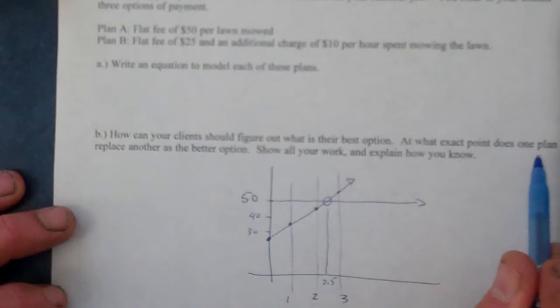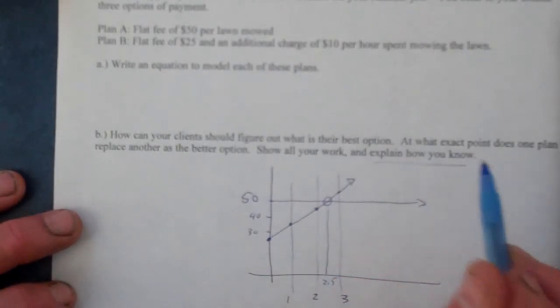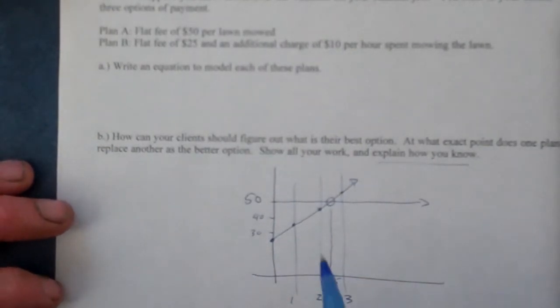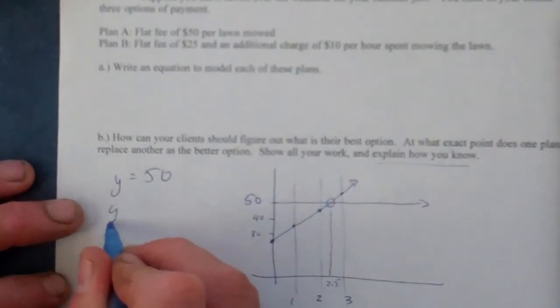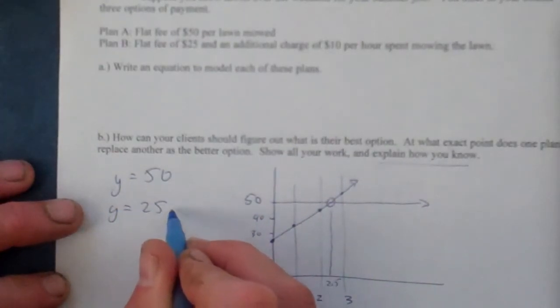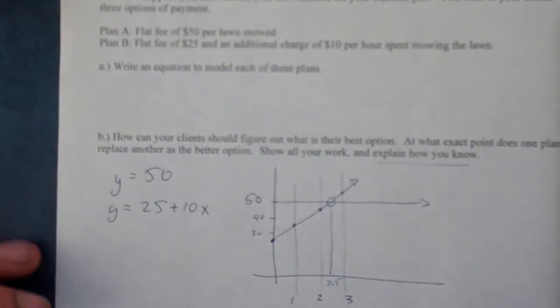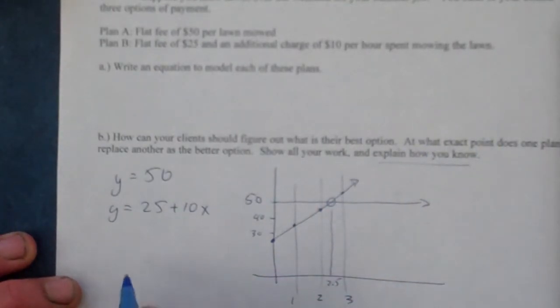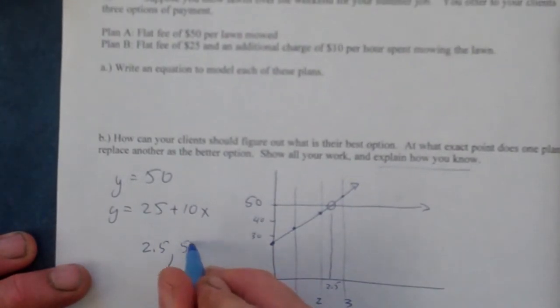At what exact point does one plan replace another? All right? Show your work and explain how you know. Well, what I'm going to do is I could graph it on the calculator, y equals 50, and then do y equals 25 plus 10x. All right? And if you do that and you do zoom, you're going to see that it's going to be 2.5, and then it'll be 50.